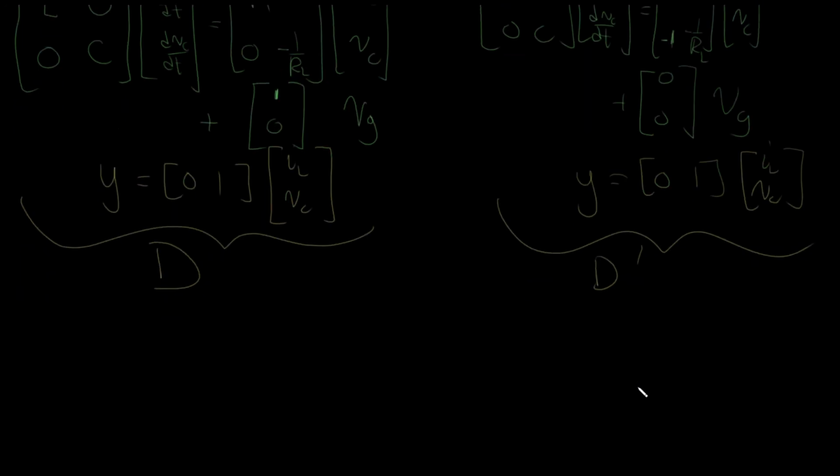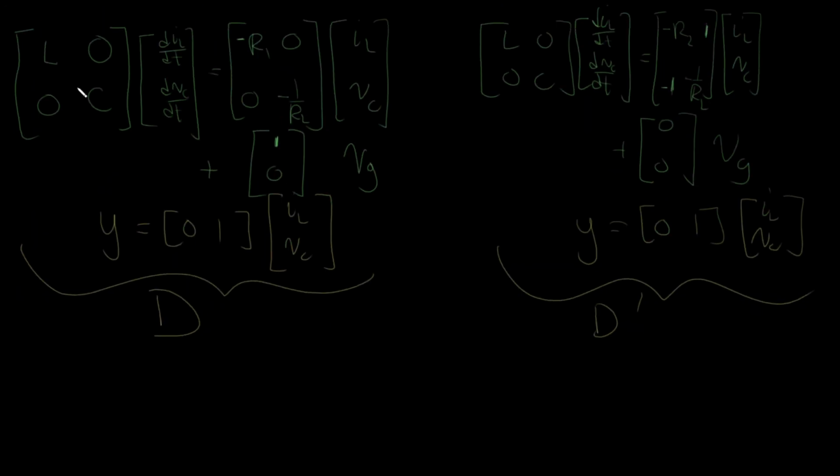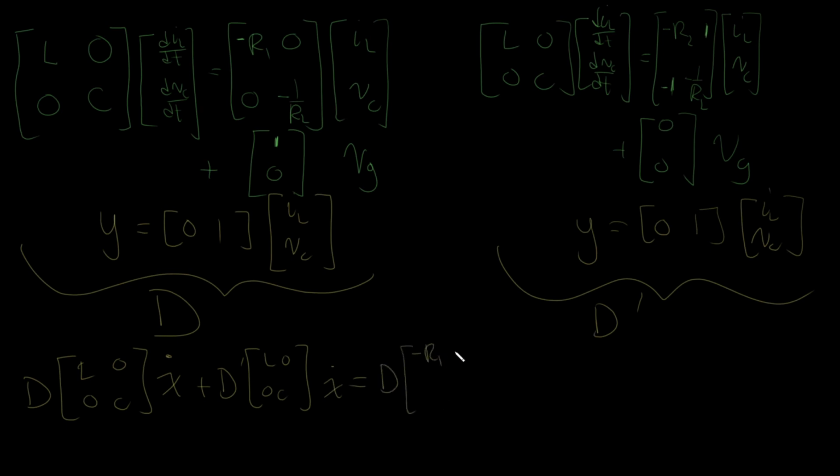So what do we do when we get that? Well, over here, we have this matrix, so I'll just write it out. So we have d times L, 0, 0, C, now let's write this as x dot, plus d prime times the same matrix times x dot. And then on the right-hand side, this is going to be equal to d times minus 1, 0, 0, minus 1 over RL times x, plus d prime times this matrix, minus R2, 1, minus 1, minus 1 over RL, times x.